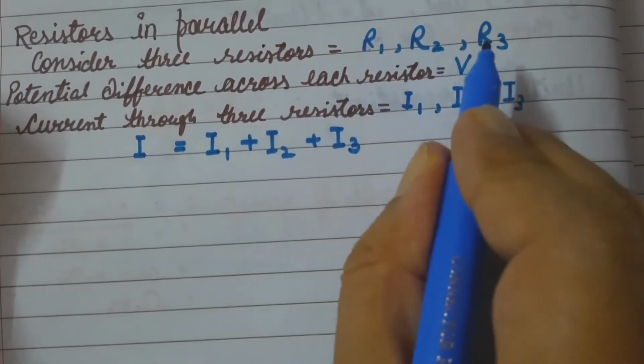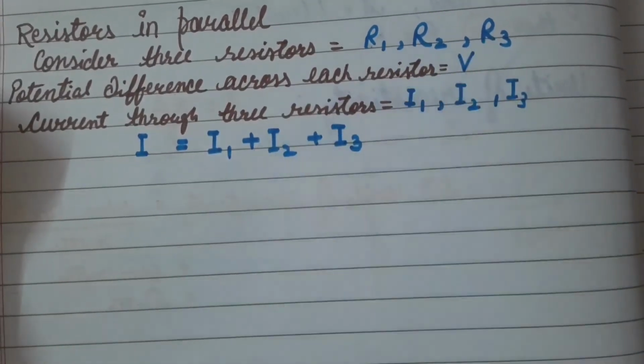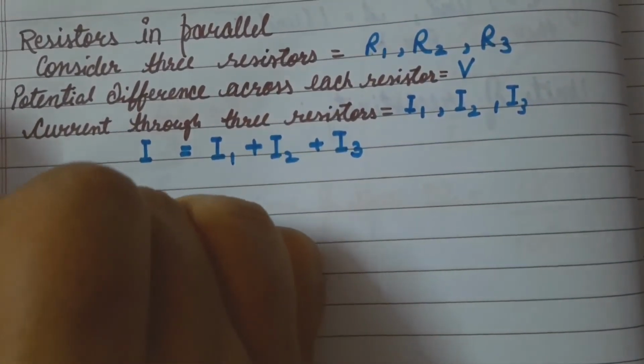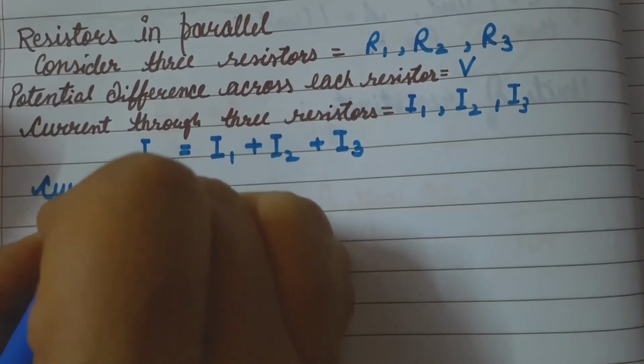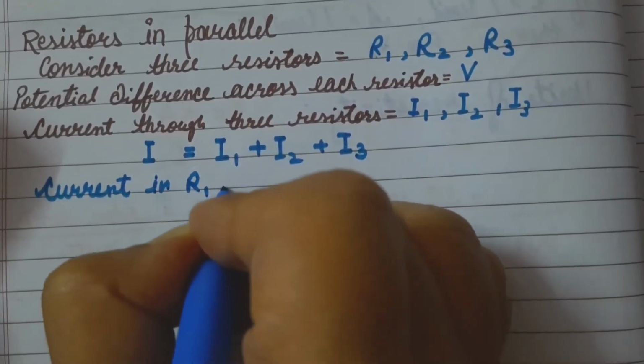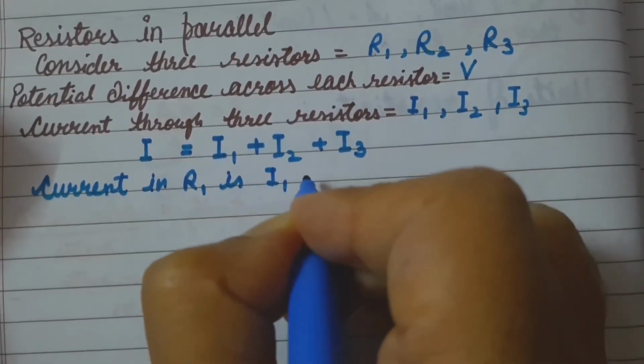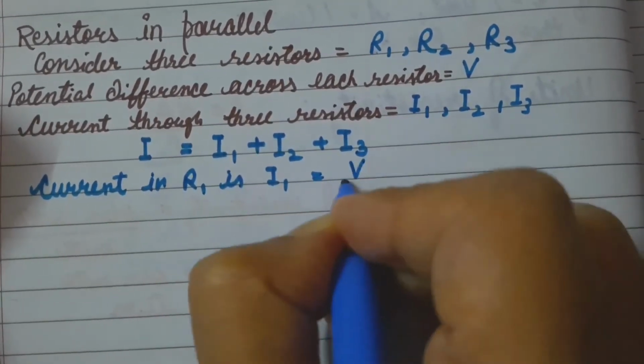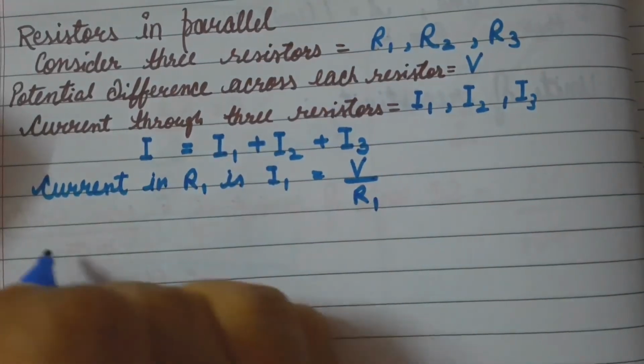From Ohm's law, current in R1 is I1, which is equal to V upon R1.